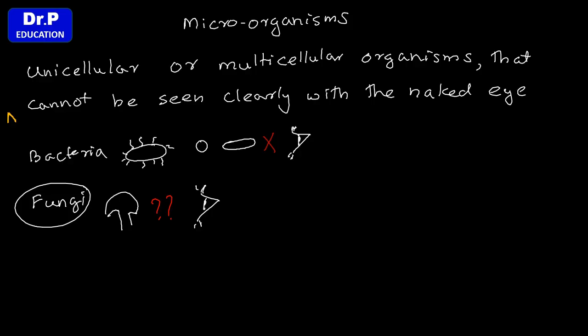I'm going to say that the individual organism cannot be seen. So at the end, microorganisms are unicellular or multicellular organisms that the individual organism cannot be clearly seen with the naked eye.